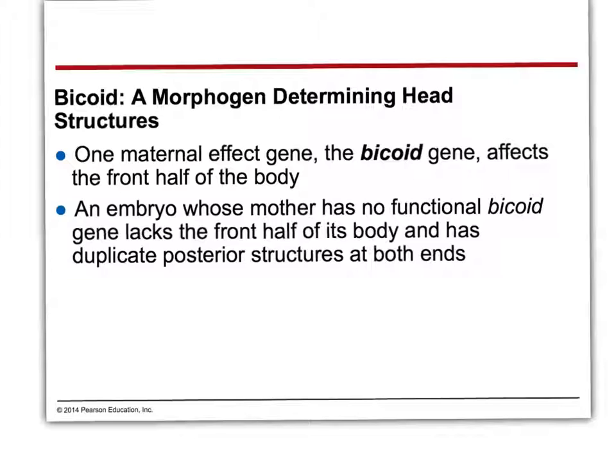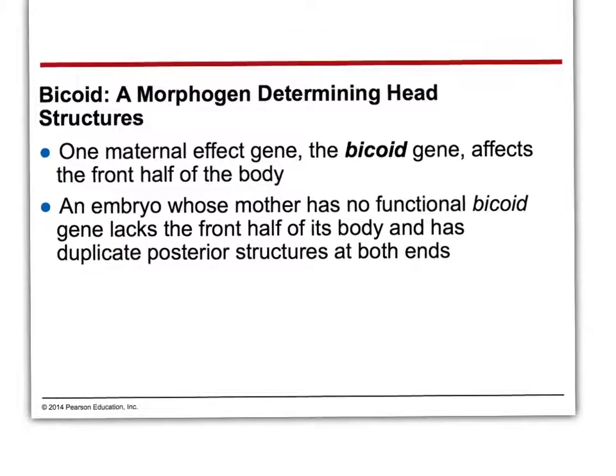Okay? So if I said lots of bicoid, that means that's the front or the anterior position. Okay? And this is all determined by mom. So mom, when she's producing eggs, the eggs are produced with a gradient of bicoid. All right? So here's an egg. Okay?